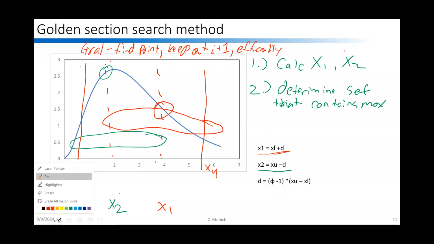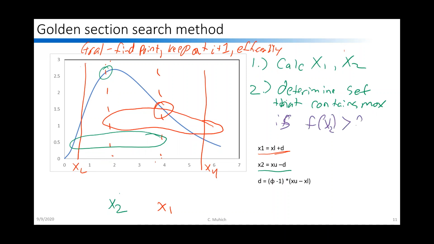So in essence, we're asking ourselves, is f of x2 bigger than f of x1? If f of x2, so this point right here, is bigger than the point f of x1, we know that the maximum must lie on this first set. So we can now update our guessed bounds.